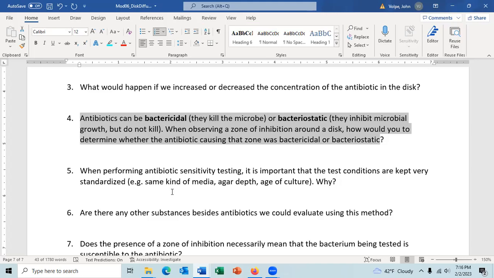And I think I mentioned that if you have a thinner depth of agar, the antibiotic will diffuse quicker and further than if you have a thicker depth of the agar. The age of the culture, new freshly growing cells will be more sensitive to the antibiotic than older cells.